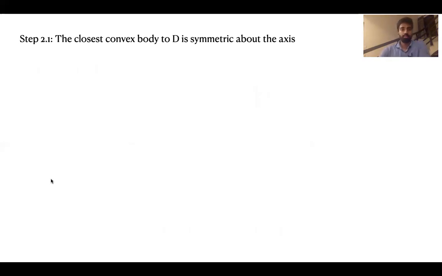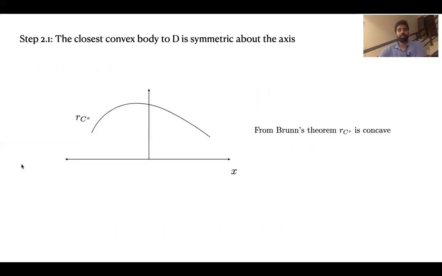Here we haven't completed the proof of 2.1 because we have shown that CS is closer to D, but we are yet to show that CS is convex. For that, we'll be using Brunn's theorem from convex geometry, which says that if you plot the radius graph of CS with respect to x, you get a concave function.